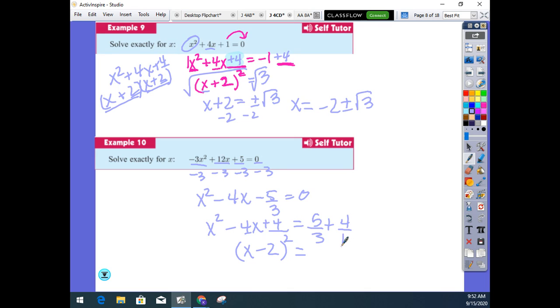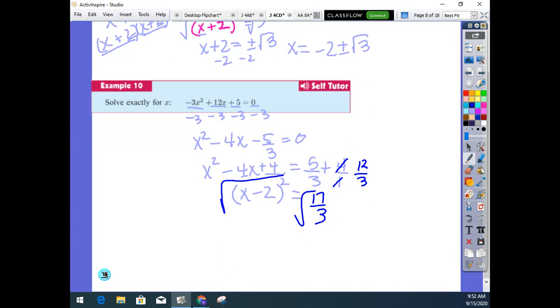Now this is 4 over 1, but I need to add fractions, so I need a common denominator. I'm going to multiply top and bottom by 3. 12 thirds is 4. That makes 17 thirds. Square root both sides. x minus 2 equals plus or minus the square root of 17 thirds. Add 2 to both sides. Kind of ugly, but it's doable.